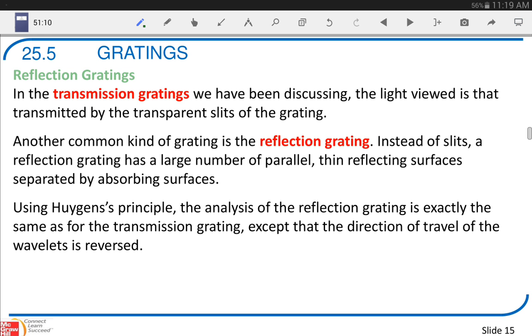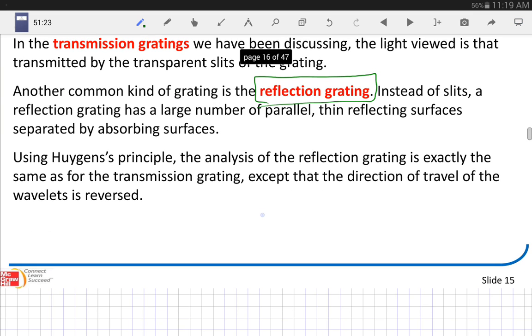Reflection gratings. In graduate school, I didn't use a diffraction grating or a transmission grating. I used a reflection grating. What's the difference? You have mirrors that are cut in steps like this. They're cut so that they're going to work best for a specific angle.